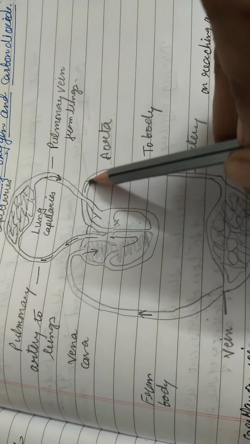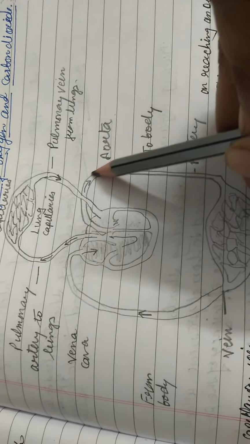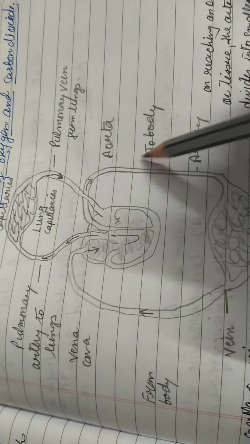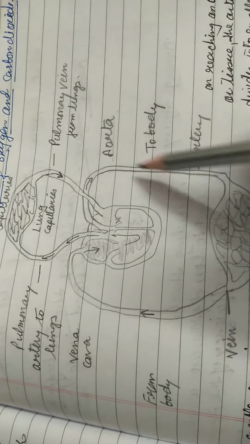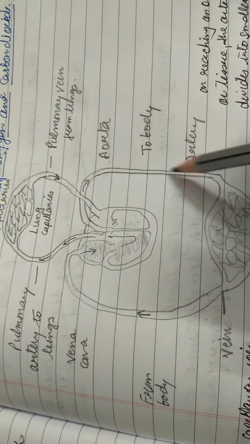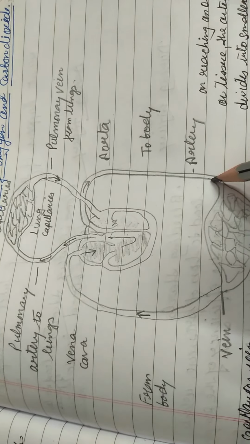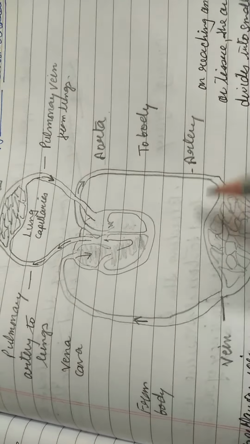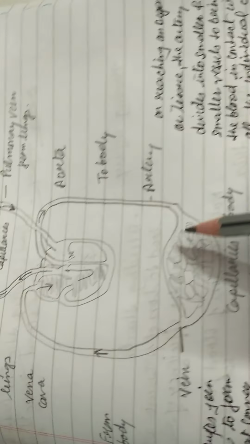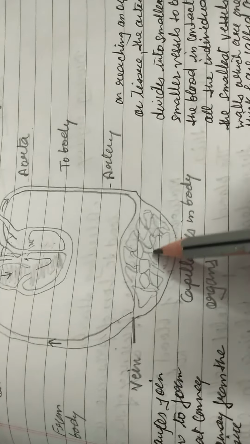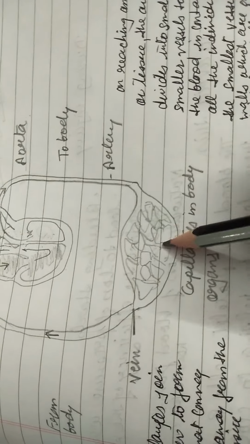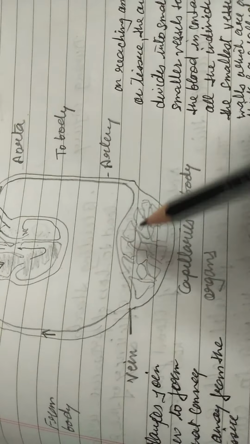Through this aorta, the oxygenated blood goes to the body. The aorta divides further and forms arteries, and when these arteries reach tissues and cells, they divide into fine capillaries again, so that this oxygenated blood can reach each and every cell and an exchange of gases can take place.